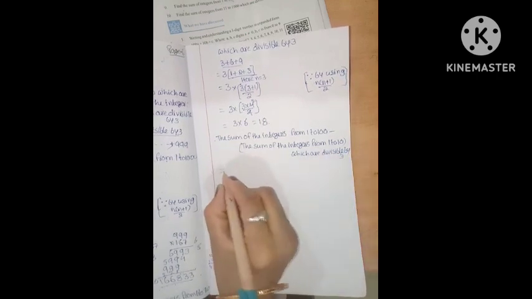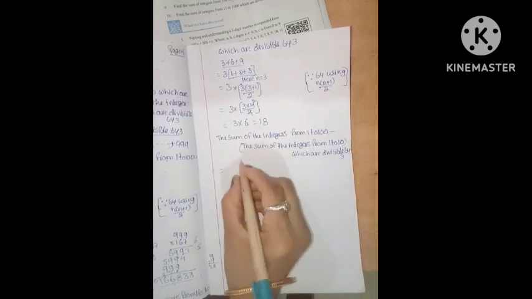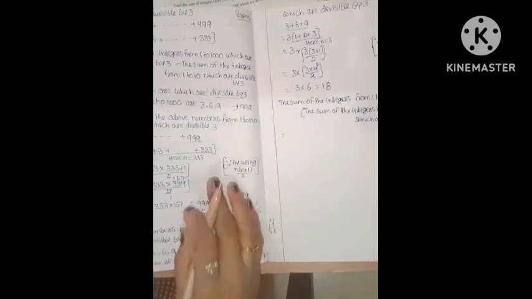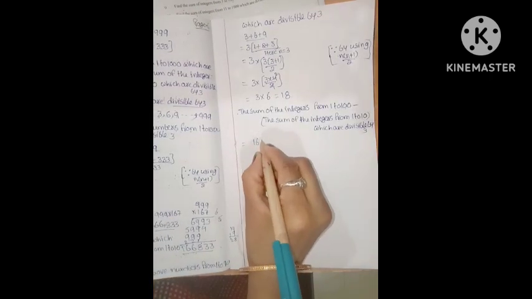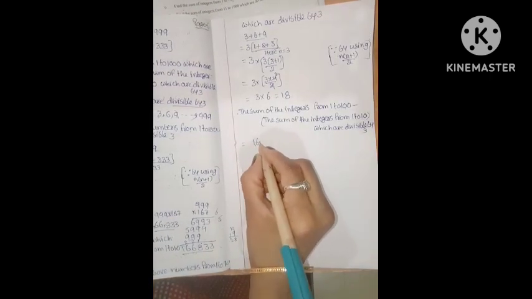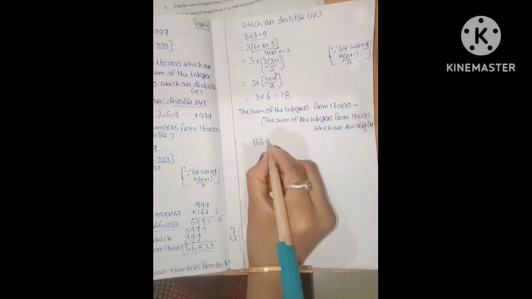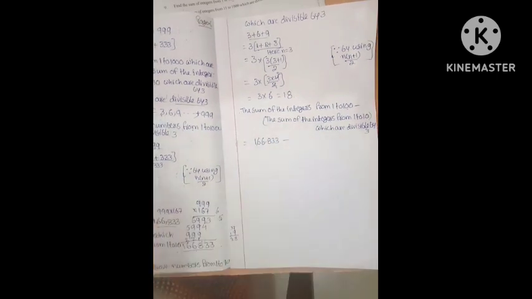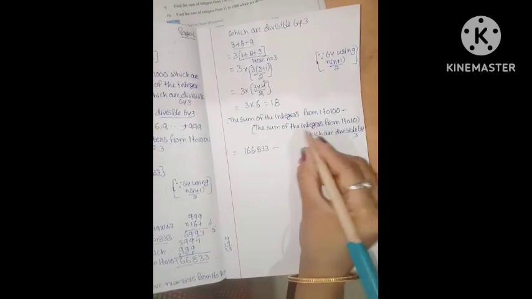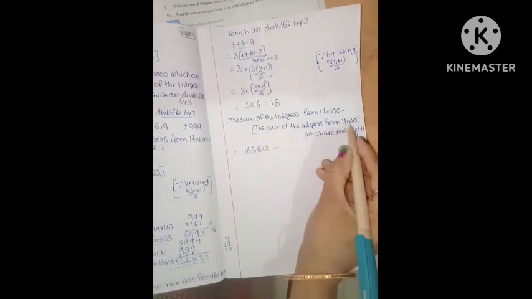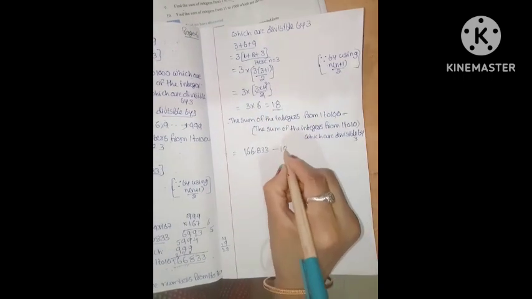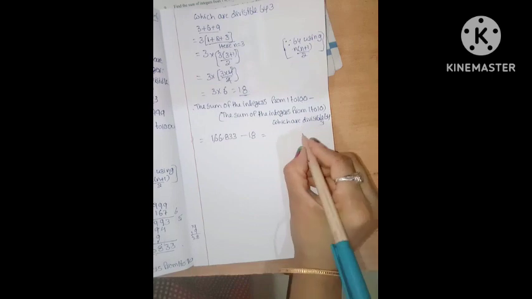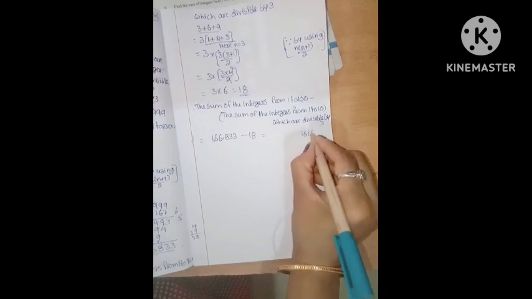What's the value? You got this value, 1,66,833. We already know this value. Next, the sum of the integers from 1 to 10, which are divisible by 3. Subtracting these two terms, how much value will come?